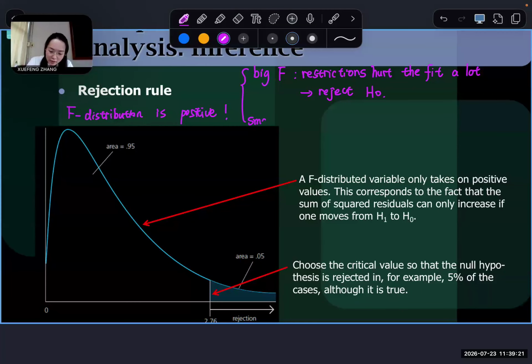And if it's small, which means dropping them barely changes anything, then in this case we don't reject. We cannot reject H0.